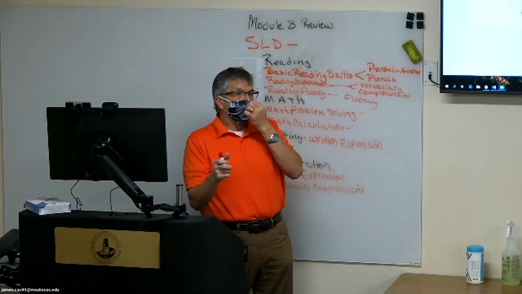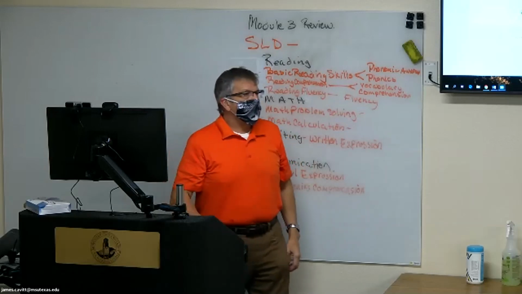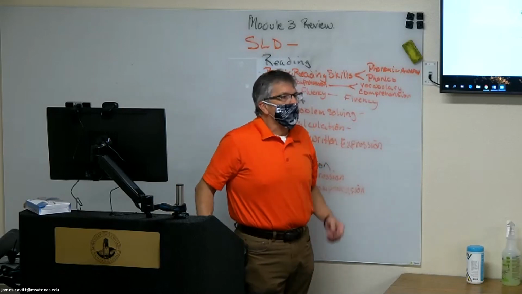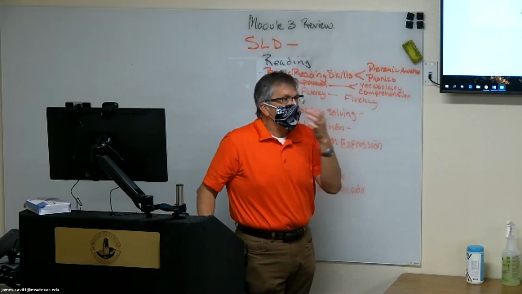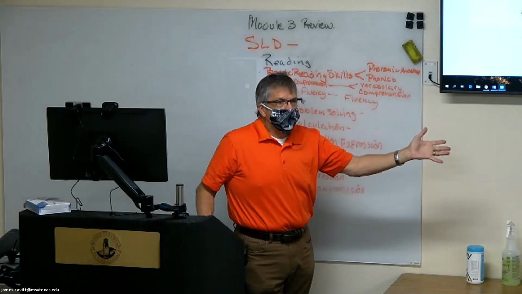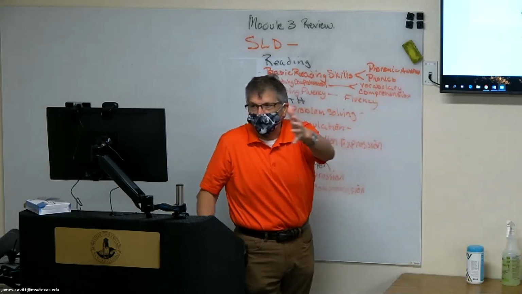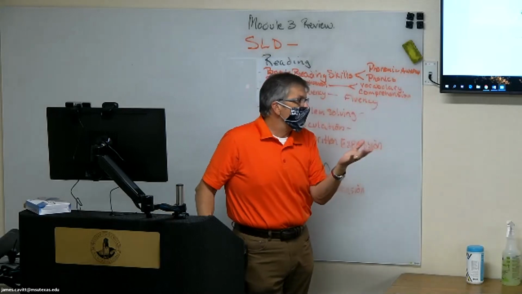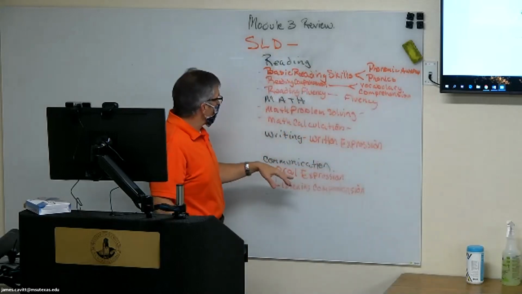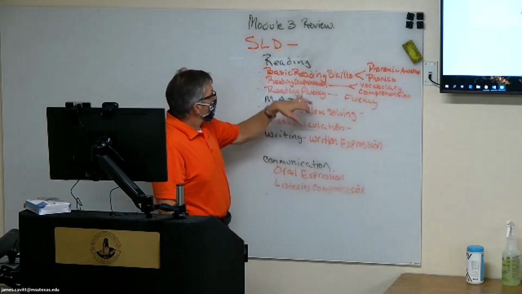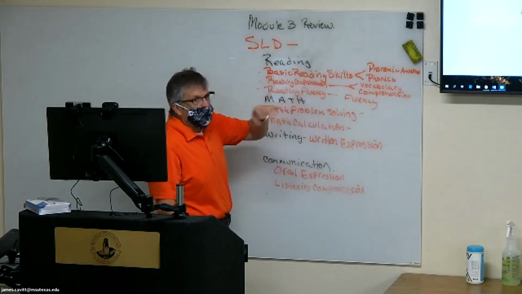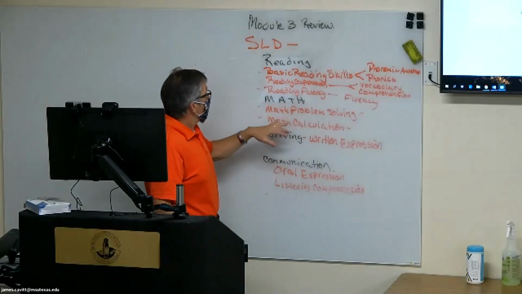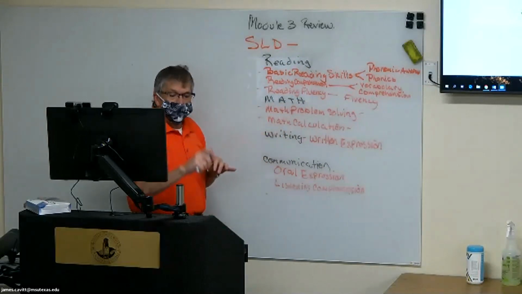Two trains are headed for Topeka, Kansas, and one left this town at this time going this much speed, and another one left this town at this one. That's a math problem solving thing, right? And that takes into consideration the ability to read and comprehend and understand the vocabulary. Math calculation is the number pieces.